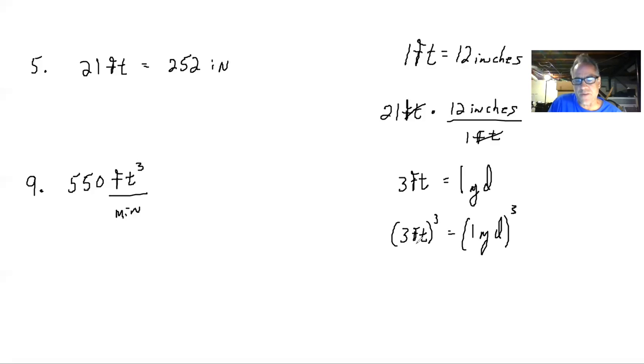So I've really got two factors here, each being raised to a power of 3. So this would be 3 to the third times feet to the third. Now, 3 to the third is 3 times 3 times 3. 3 times 3 is 9, and 9 times 3 is 27. So this is 27 feet to the third, what we just call cubic feet. Now, 1 to any power is 1, because 1 times itself is itself. So 1 cubic yard is 27 cubic feet.